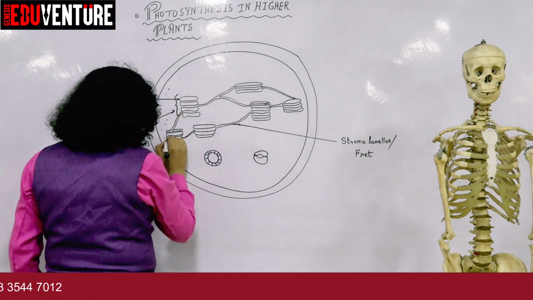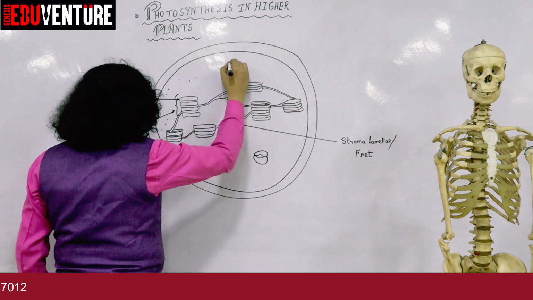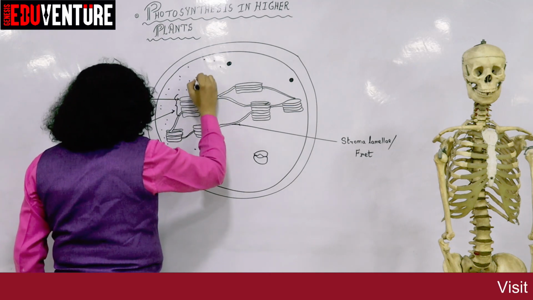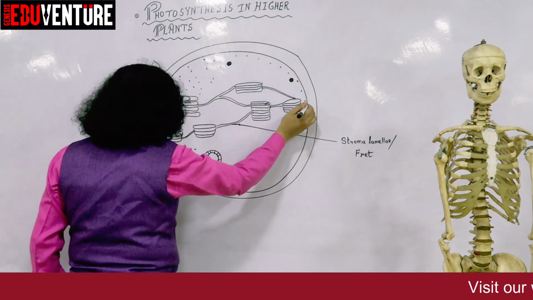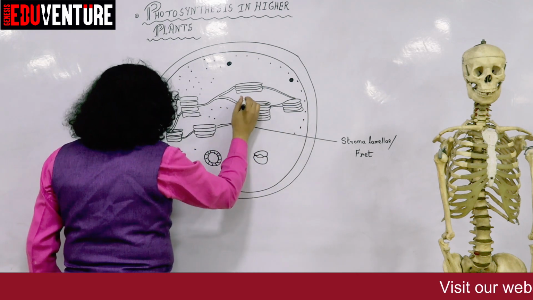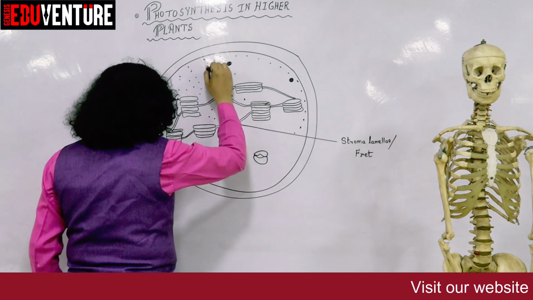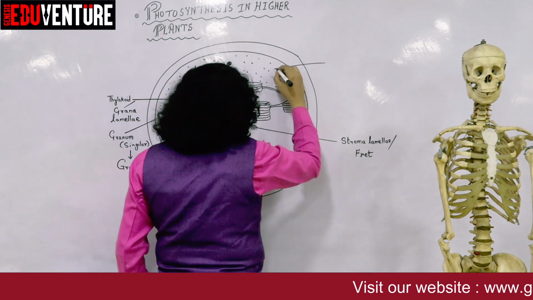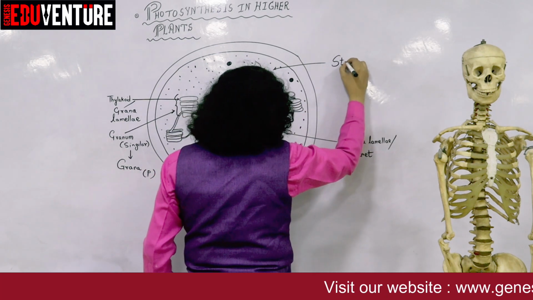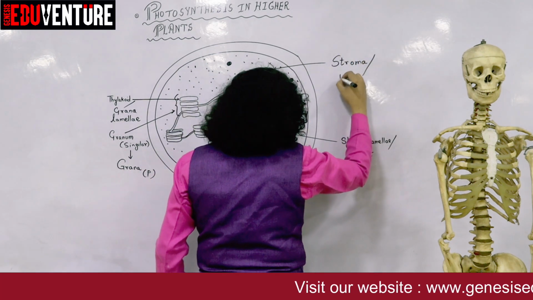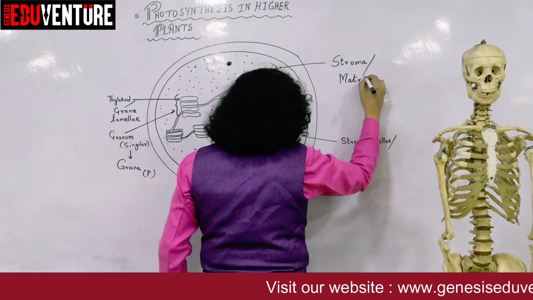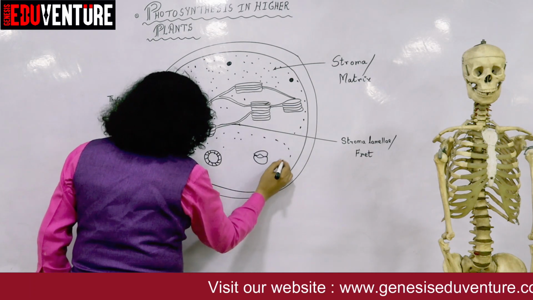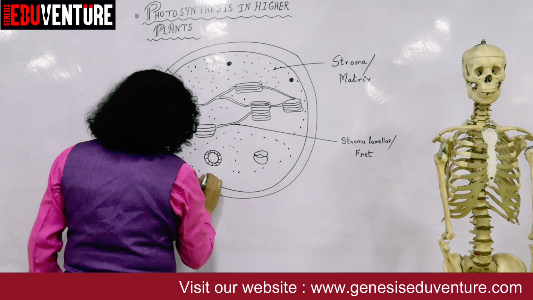Apart from that, there are some special lipid globules called plastoglobuli, and this dotted homogeneous part represents the matrix, which we can also call the stroma. So this is the matrix or stroma.